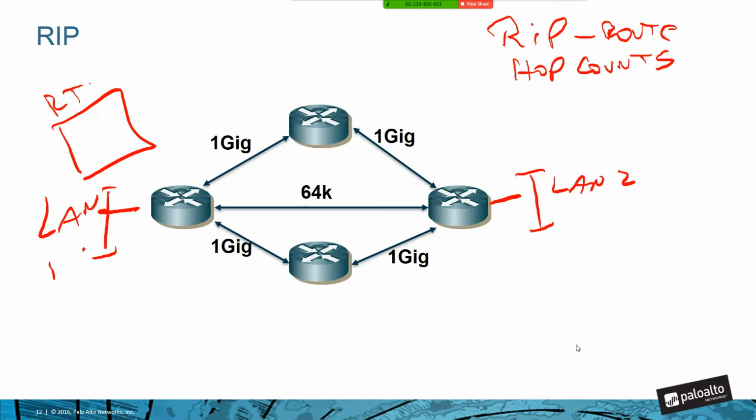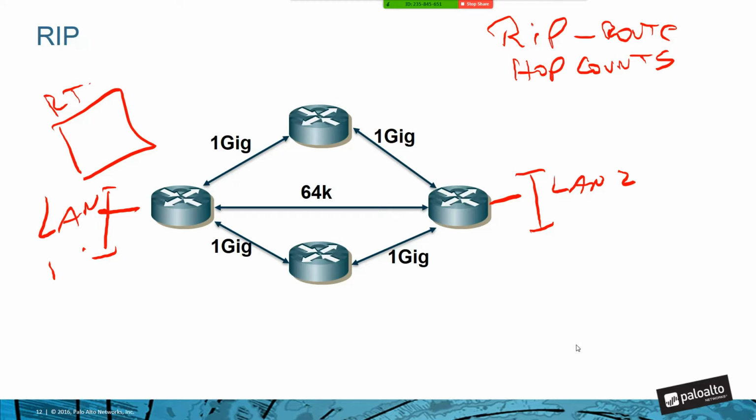But if I wanted, in fact, to use my 1 gig connection, which is a lot faster, it will take 2 hops. RIP will always use the smallest amount of hops.